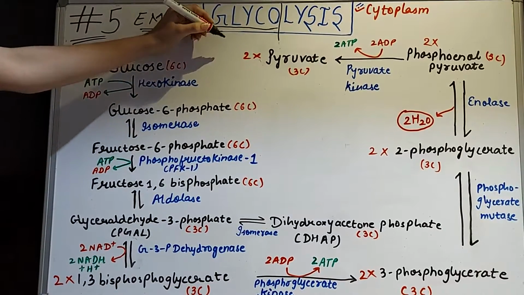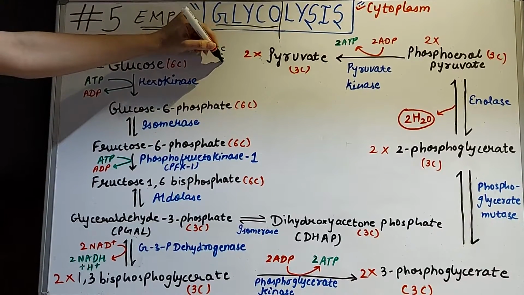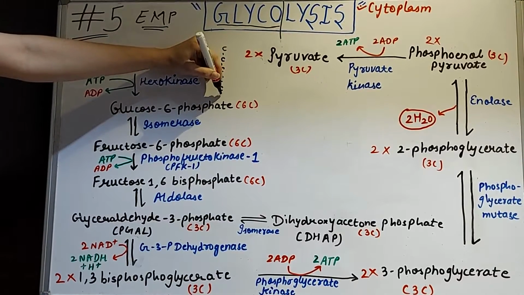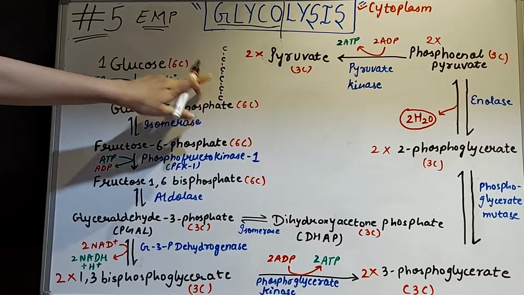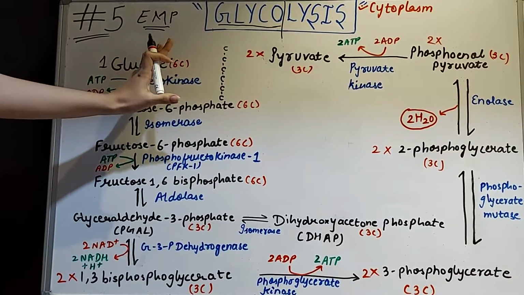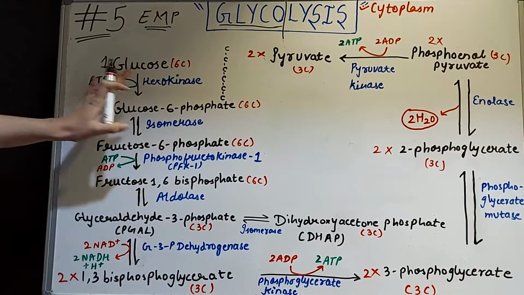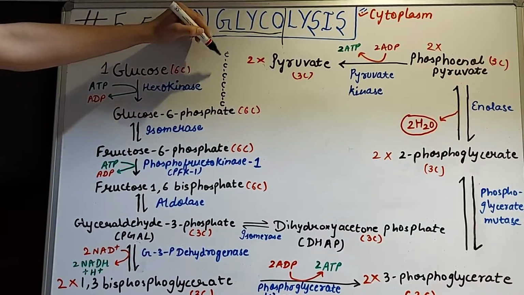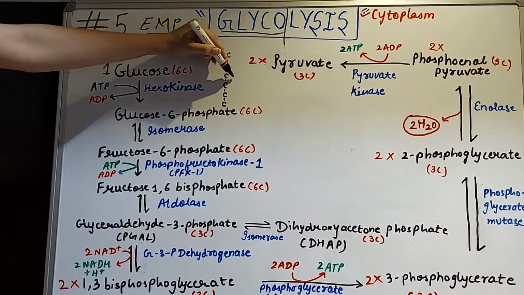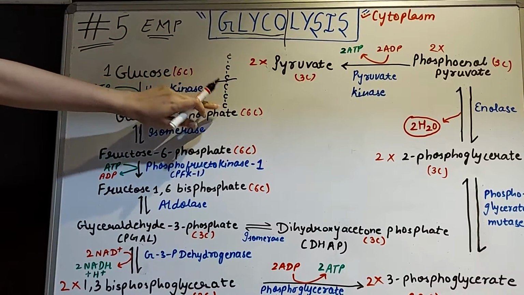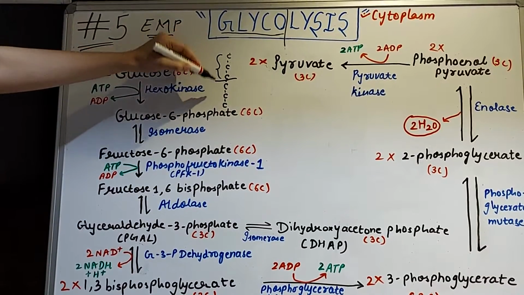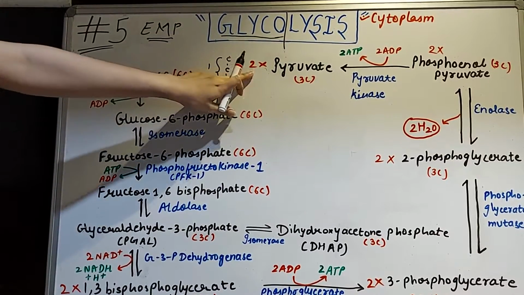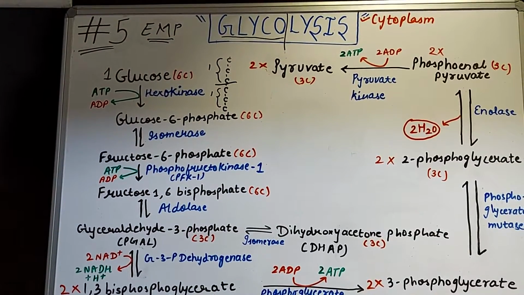Suppose this is 1, 2, 3, 4, 5 and 6. I am showing just the backbone. This glucose molecule is converted into 1, 2, 3 and 1, 2, 3, that is 2 molecules of pyruvate at the end of this pathway.